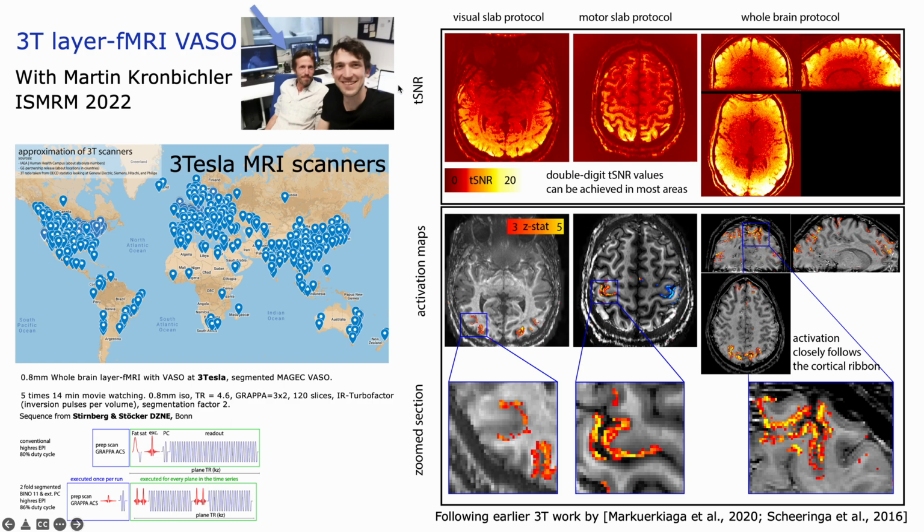Together with Martin Kronbichler, we looked so far at visual protocols, motor protocols, and whole brain movie watching tasks, which provide quite reliable data quality if you're willing to scan a bit longer.